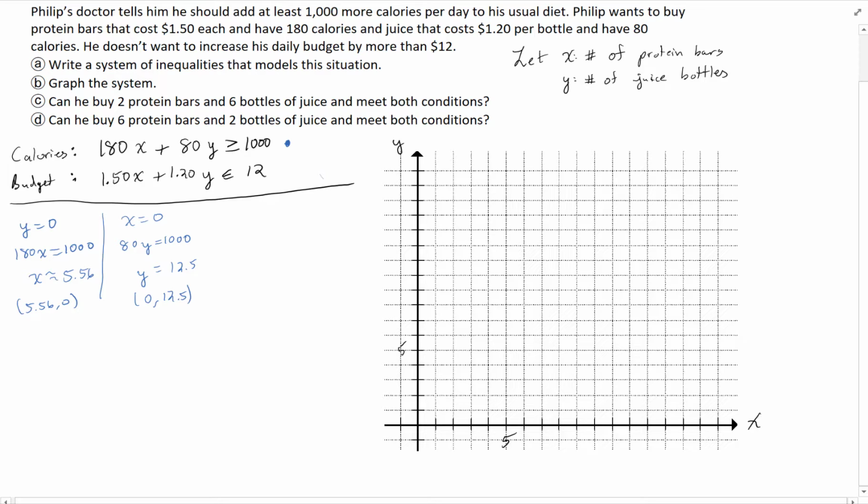We would use a solid line to mark the boundary. So let's see, 5.56 is about here. And 12.5, 5, 6, 7, 8, 9, here's 10, 11, 12.5 is there. And I'll draw a solid line through those points.